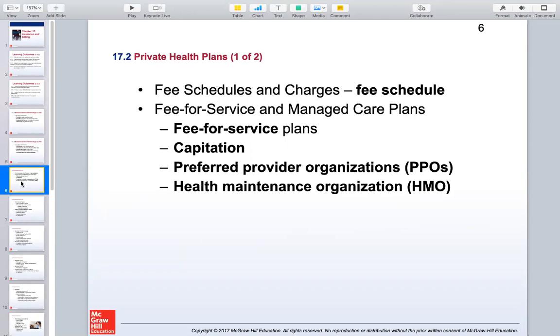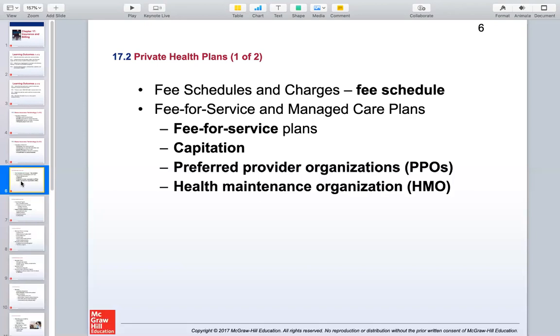Once that application is processed and approved, then the insurance company comes back to us with a contract stating, we will approve your application for you to be an in-network provider under these agreements, that you are reimbursed at a percentage of whatever the cost of the procedure or office visit is. And if the provider agrees to that, then we proceed with signing the contract, and then we can start seeing patients covered under Blue Cross Blue Shield or whatever insurance plan that we've applied for.